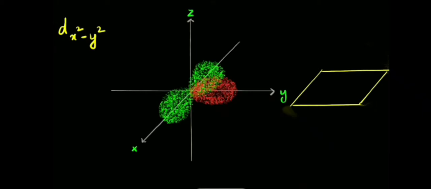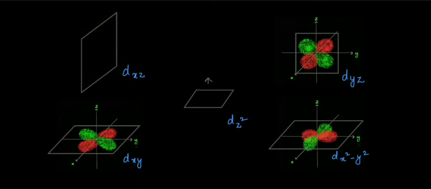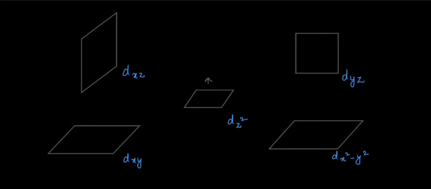Remember that imagination and creativity are key to chemistry. Right, so these are the 4 lobes. Now let us look at the planes of these orbitals. Well, I am removing the orbitals and you can just see the planes that are present.